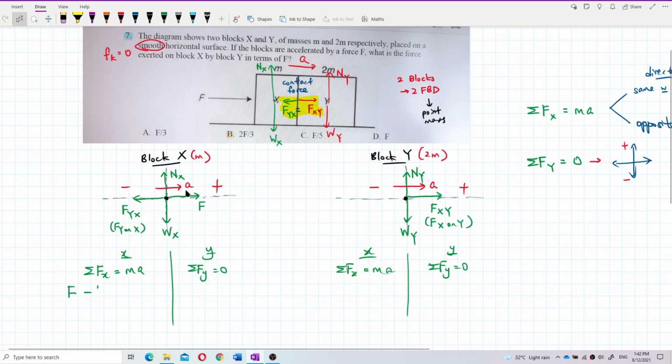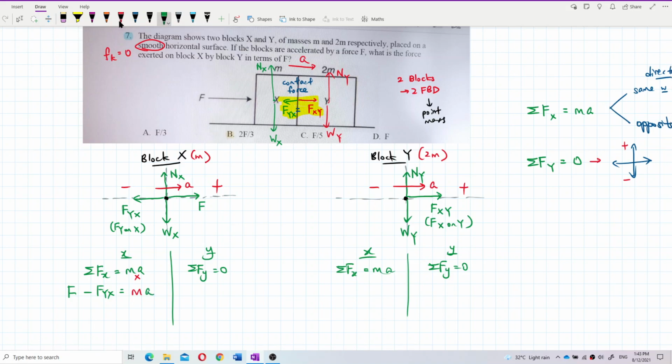So negative Fyx. This one is block X, so it uses the mass of X. Mass of X is just M, so just put M.